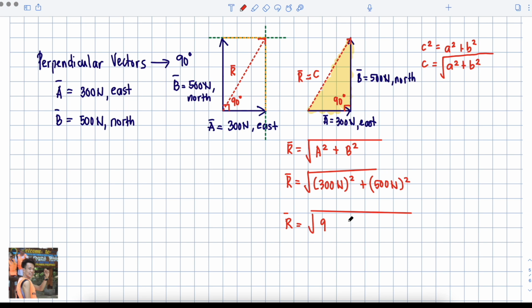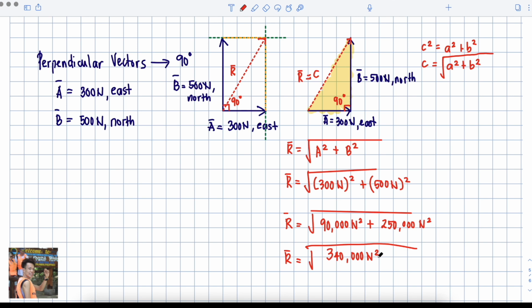R now equals the square root of 300 squared, which is 90,000 newtons squared, plus 500 squared, which is 250,000 newtons squared. You add those, and this will give us R equals the square root of 340,000 newtons squared.